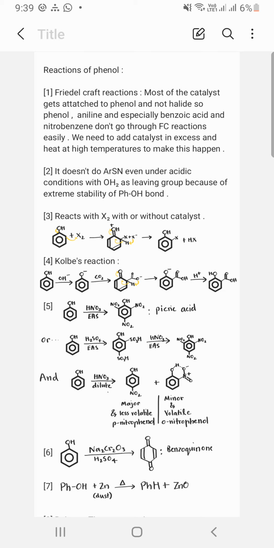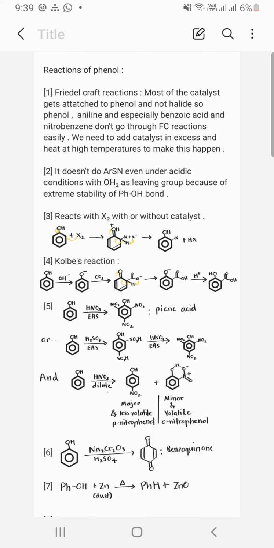Kolbe's reaction. So you might say, why can't it just react in the Friedel-Crafts reaction with or without catalyst? Even if you add catalyst, the catalyst gets attached to oxygen. Well, that's okay as long as you can just react with it by brute force, right?